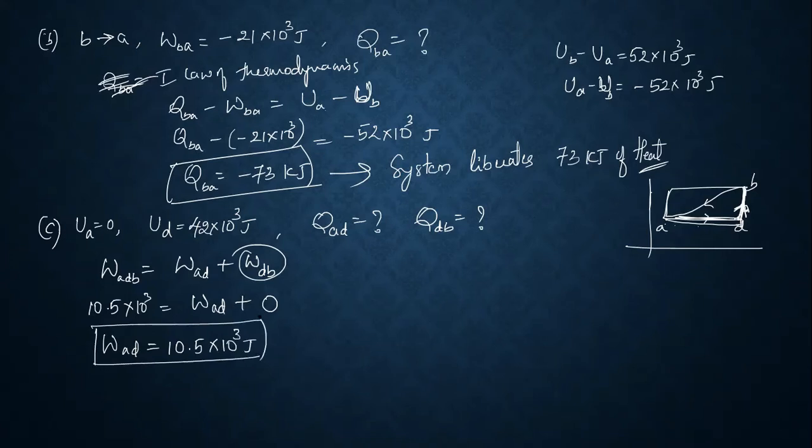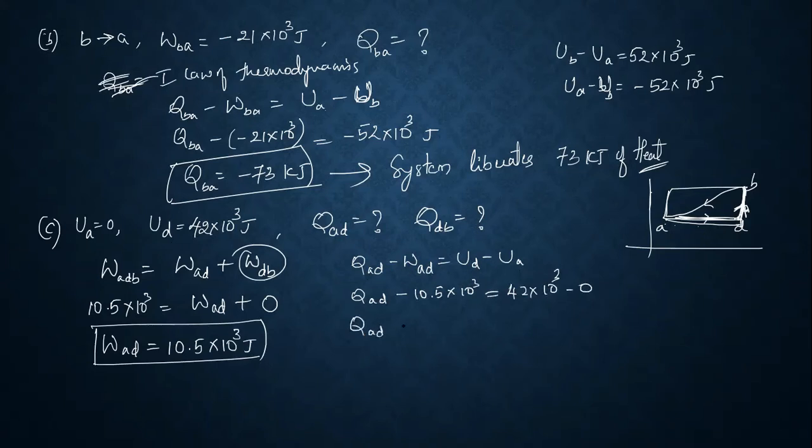We got W_AD. Why did we calculate W_AD? For the AD process, if I write the first law of thermodynamics, Q_AD minus W_AD is equal to U_D minus U_A. Now Q_AD is unknown, W_AD is 10.5 into 10 to the power of 3, U_D is 42 into 10 to the power of 3, U_A is 0.